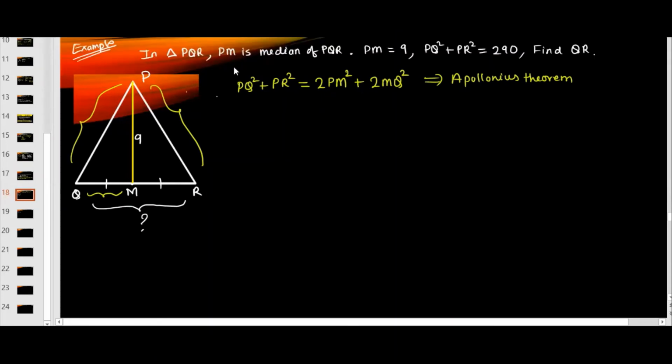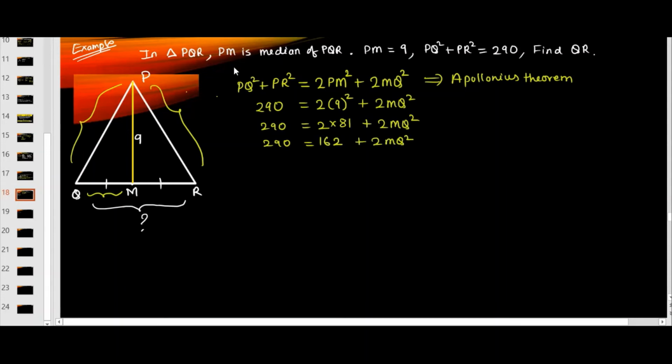PQ square plus PR square is already given in the question, it is 290, is equal to 2 times PM square, PM value is 9, so this becomes 9 square plus 2MQ square. 290 is equal to 2 times 9 square, which is 81, plus 2MQ square. 290 is equal to 2 times 81, that is 162, plus 2MQ square.